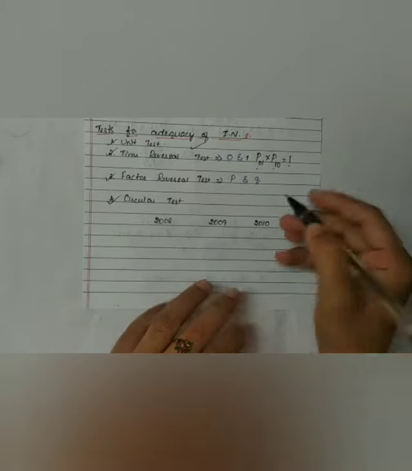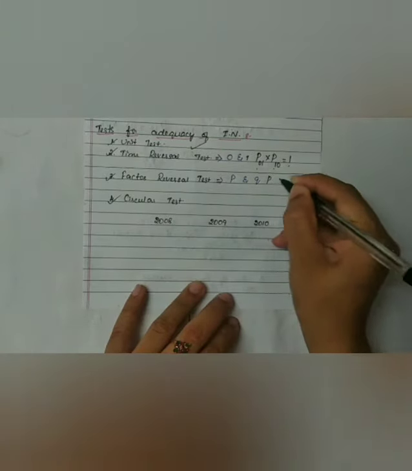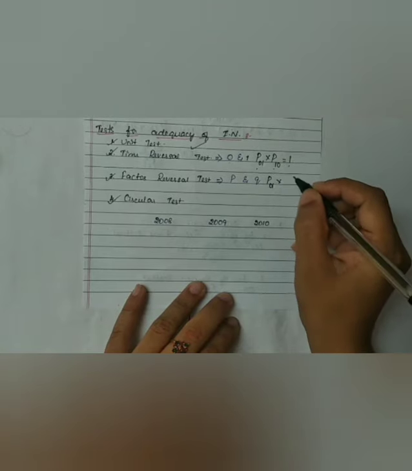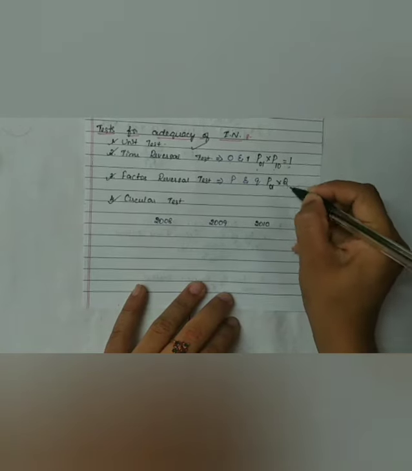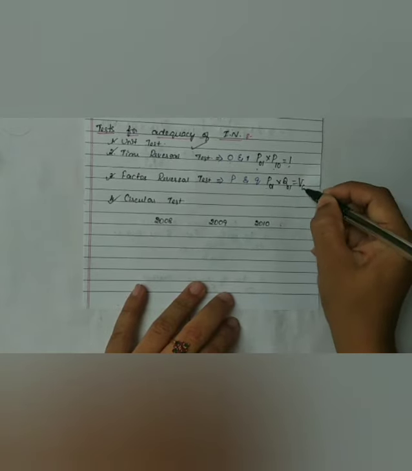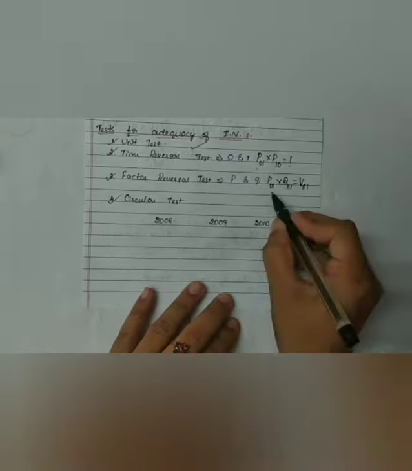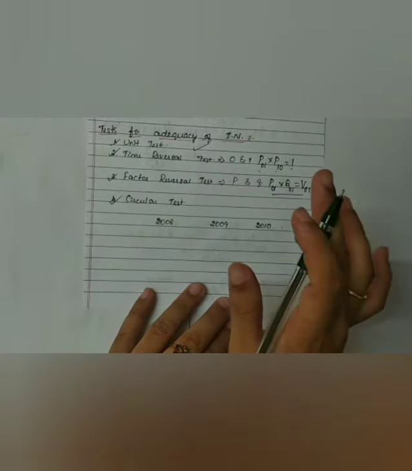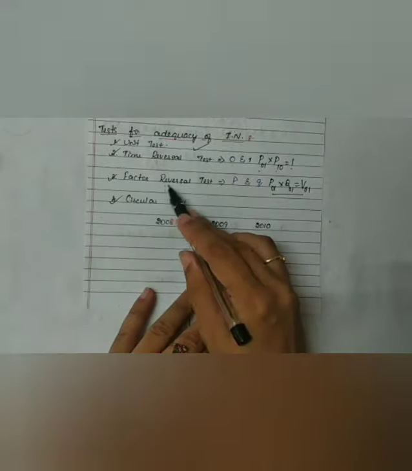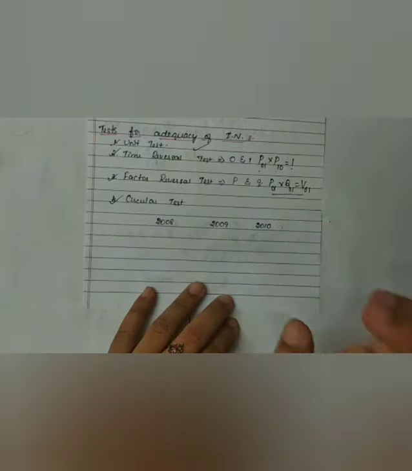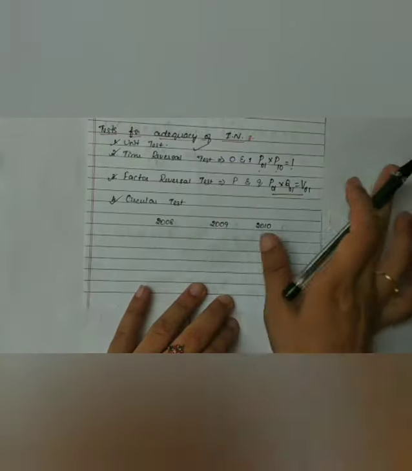So that means here P01 into Q01 should give you the answer of V01. If this is satisfied, it means that particular formula satisfies factor reversal test, and this factor reversal test is satisfied only by Fisher's index number.